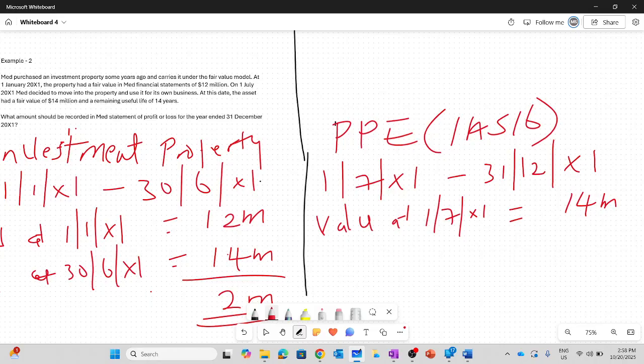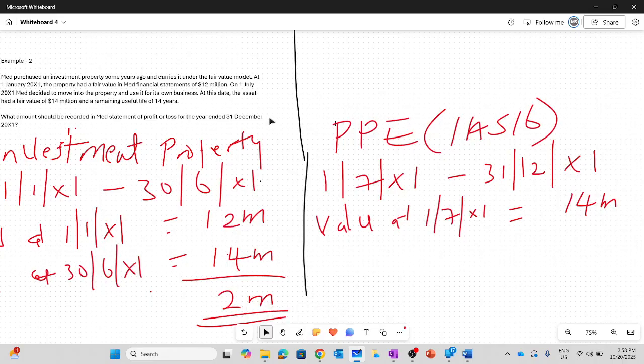Now, since we are going to transfer the asset from investment property to property, plant and equipment, it means we are going to calculate depreciation as per IAS 16.